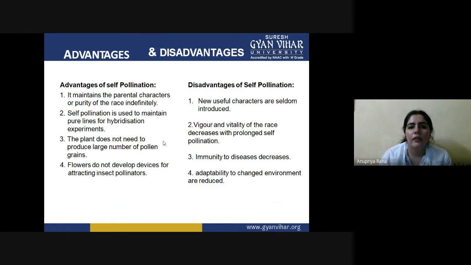Basically, when there is no mixing of genetic makeup, they maintain the characteristics from their ancestors to the modern ones. That's why the same character present in the parents will be passed on to their offspring. Next, self-pollination is used to maintain pure lines for hybridization and experiments.